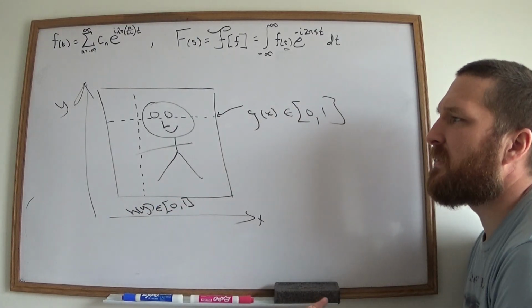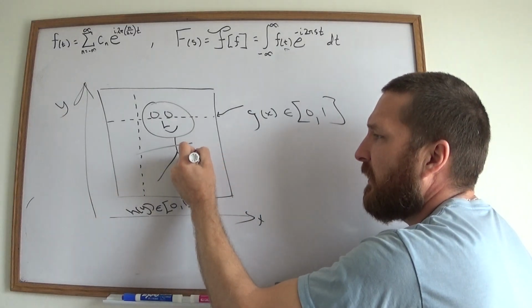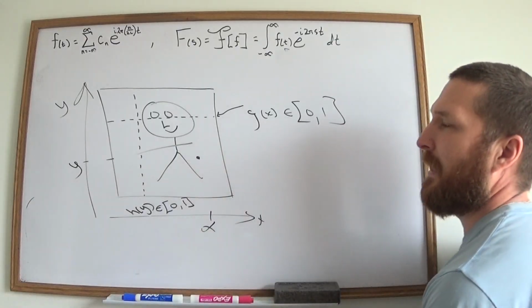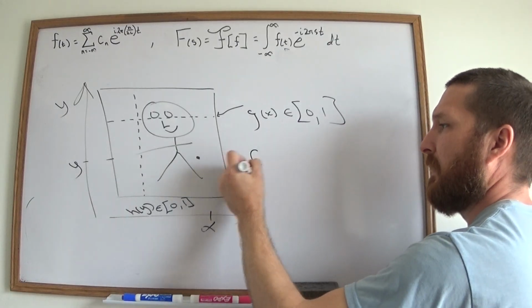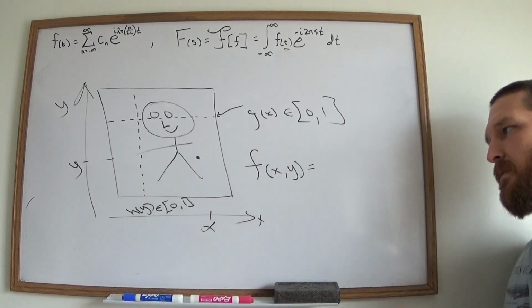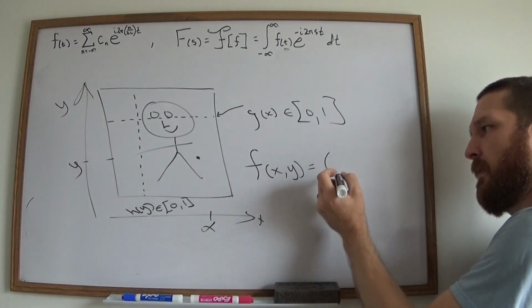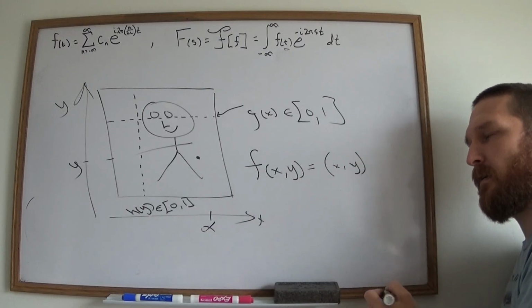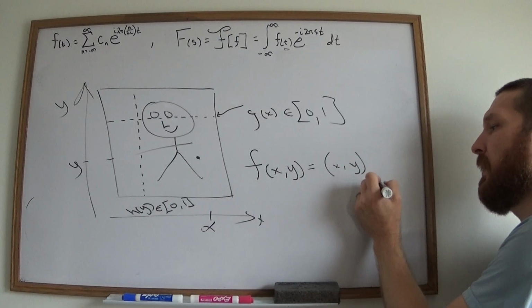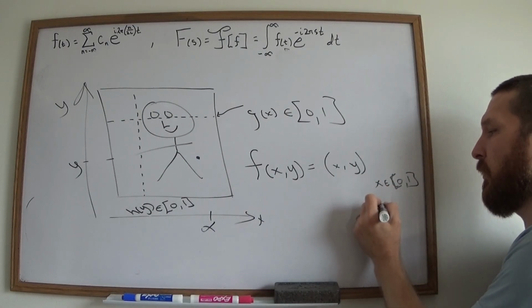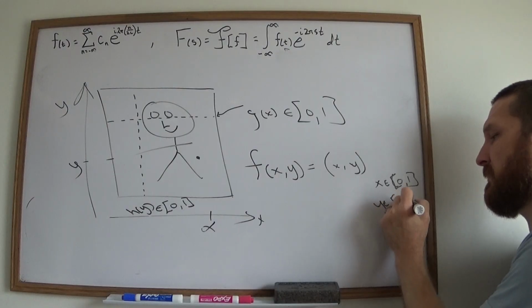And so you could say every single point on here, given some x and given some y, can be thought of as a pair of values, x and y, where x is some value between 0 and 1, and y is some value between 0 and 1.